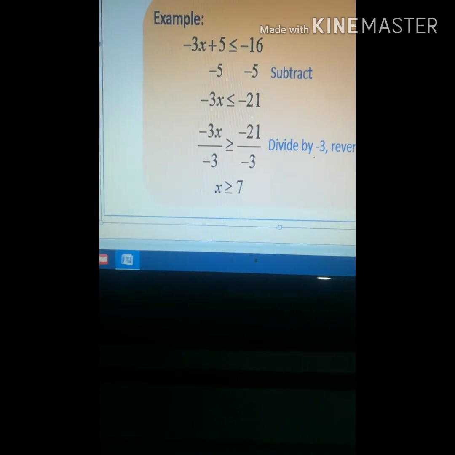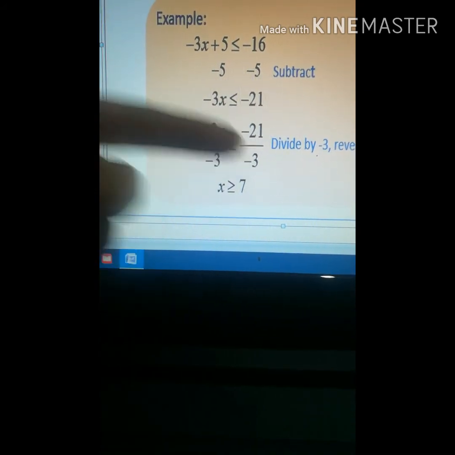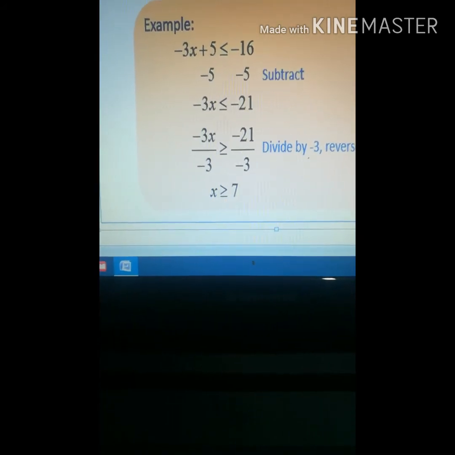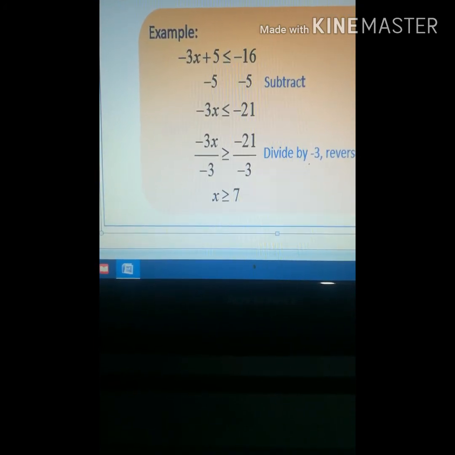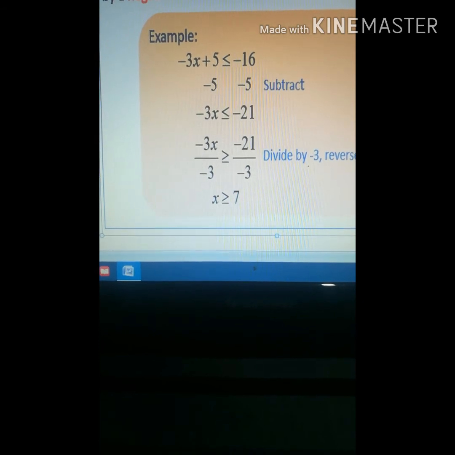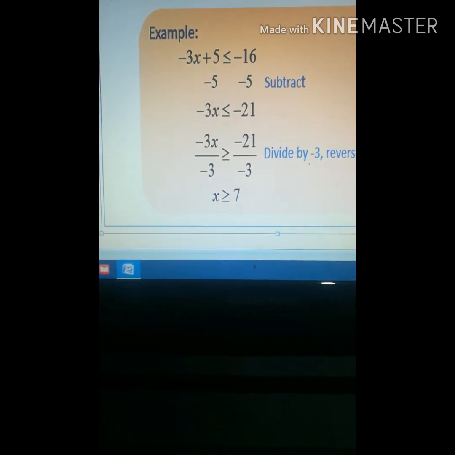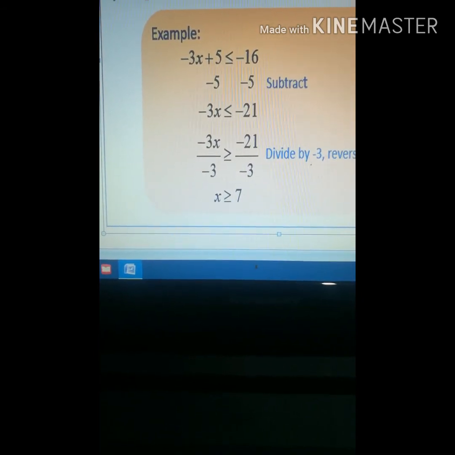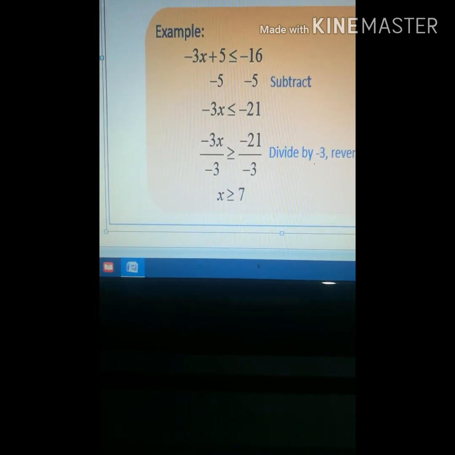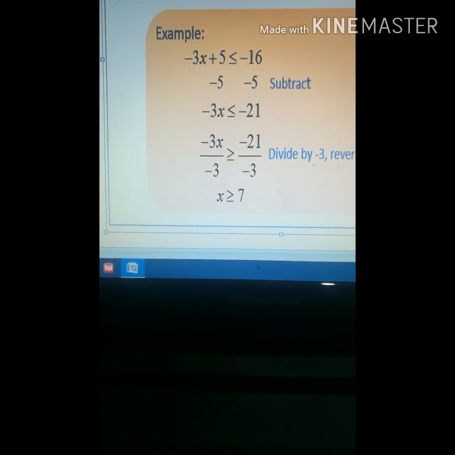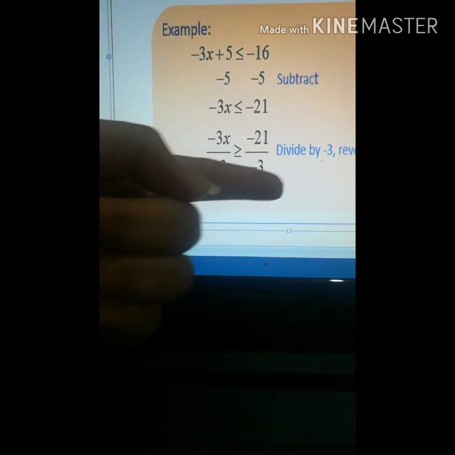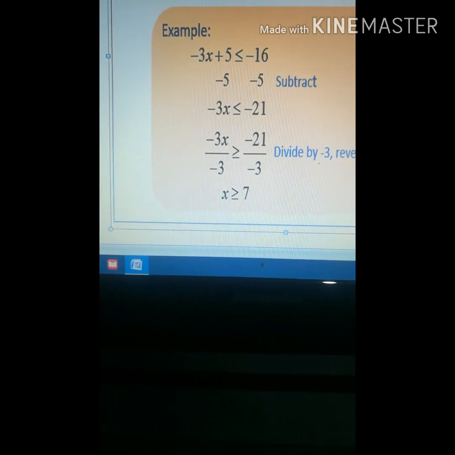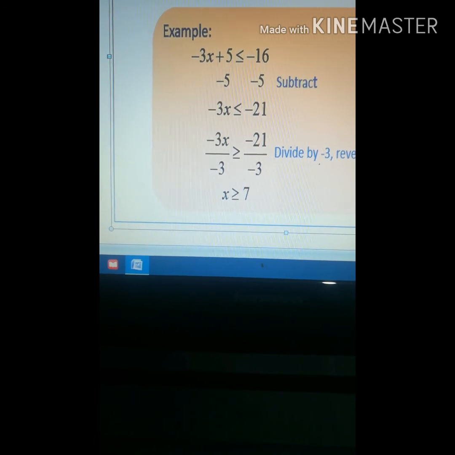After that, minus 21 over minus 3. Minus over minus is positive. 21 is divisible by 3, so 21 over 3 equals 7. Minus 3 over minus 3 equals 1.